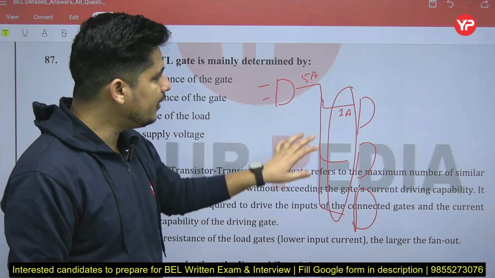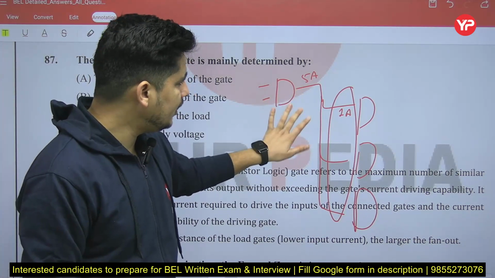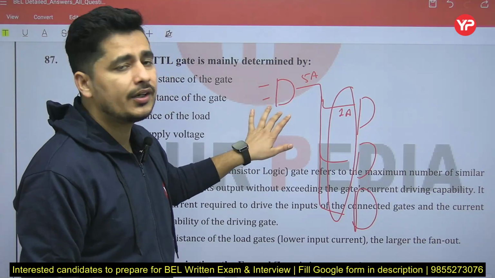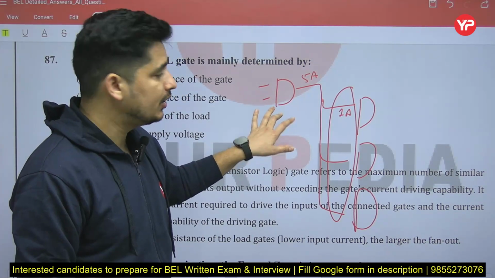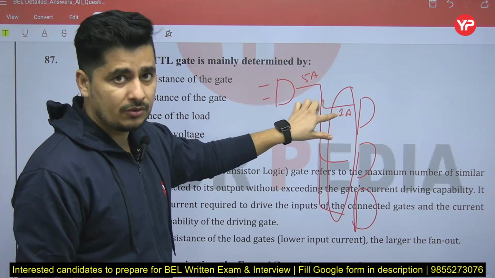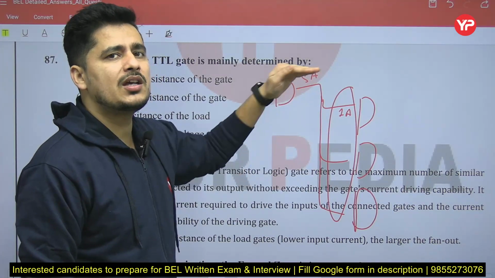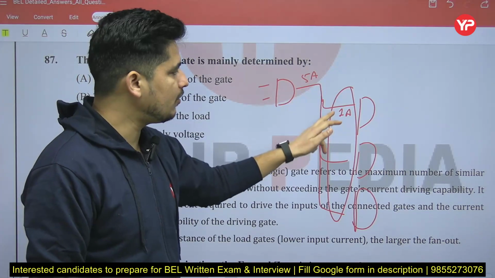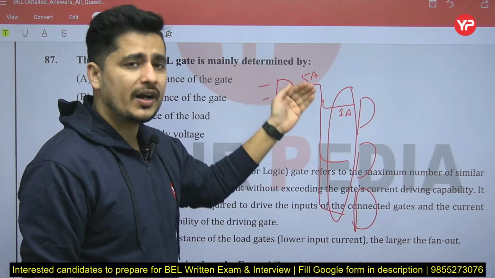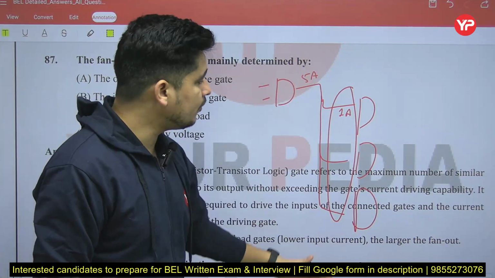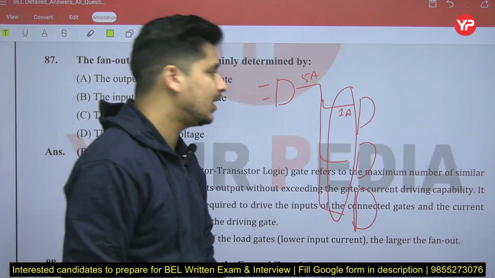So basically the fan out of a gate depends on the input current, and input current depends on the input resistance. The more input resistance you have, the less current it will require. As it requires less current, a large number of similar gates you can connect at the output.